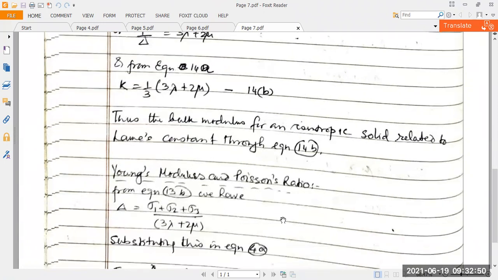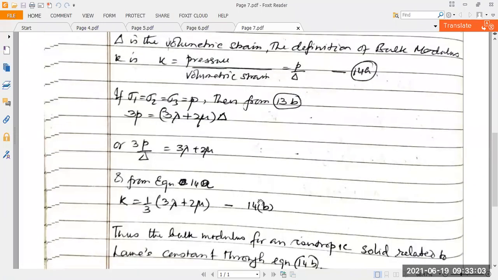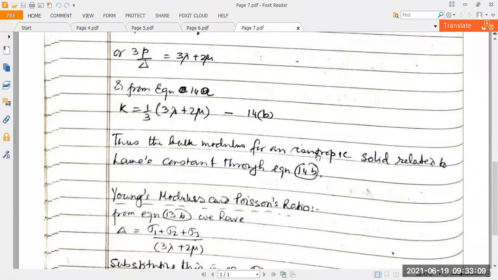And now for Young's modulus and Poisson's ratio, from the equation we have delta equal to J1 divided by 3 lambda plus 2 mu. From equation 13b, if we just put it like this, lambda is equal to the sum of sigma 1 plus 2 plus 3 divided by 3 into lambda plus 2 into mu.